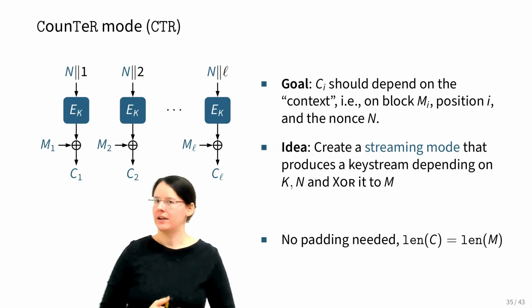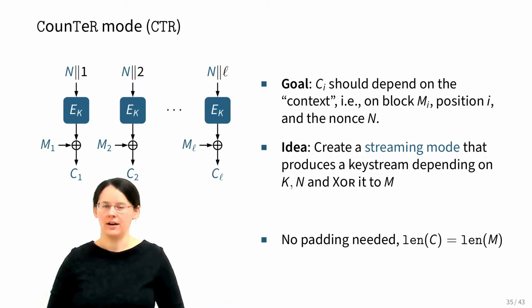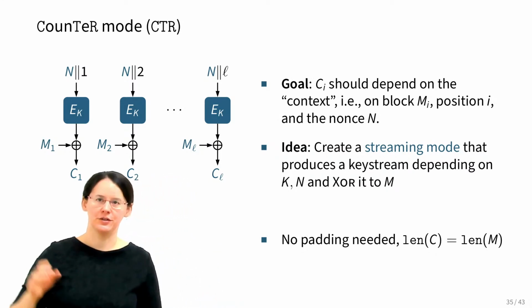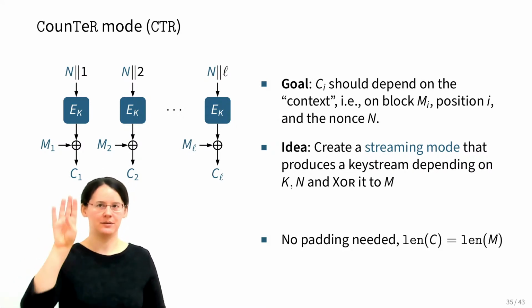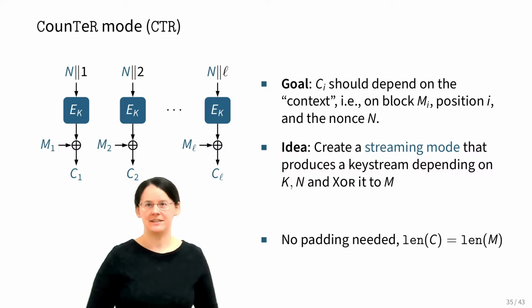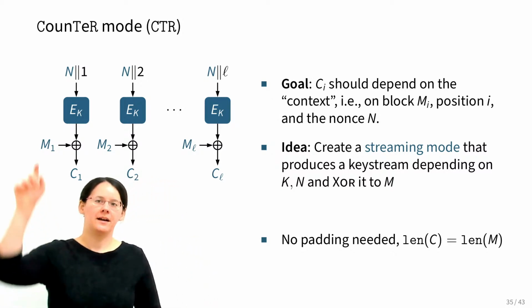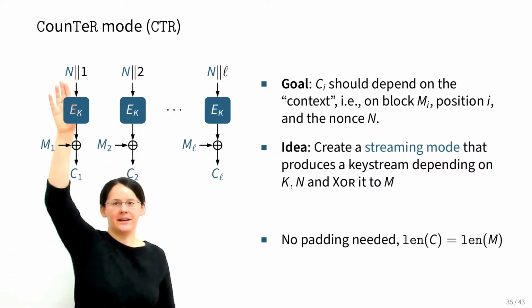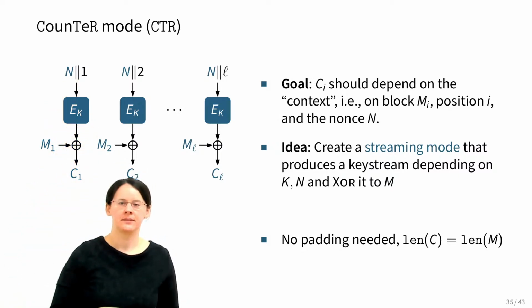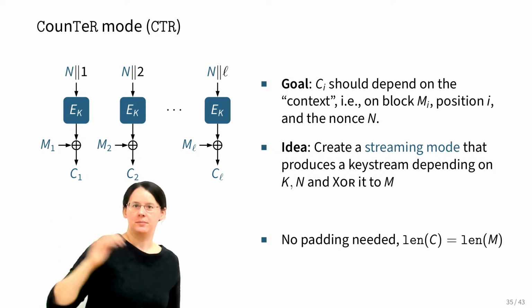So this is a bit similar to the question that one of you asked in the beginning, whether it wouldn't be sufficient to just XOR the key. Well, it's not sufficient to XOR the key, because then we would have the same weakness as ECB and even worse actually. And for this reason, we need to get the counter into it, and a complicated function of the counter and the key.